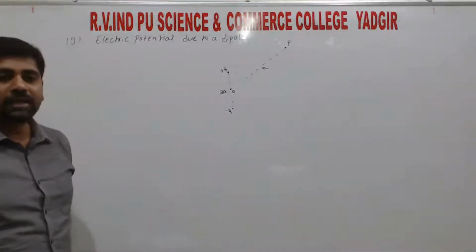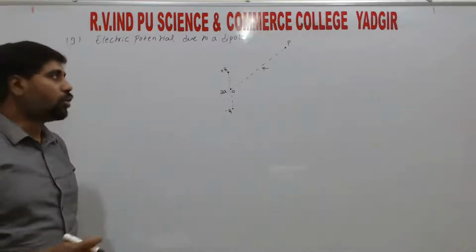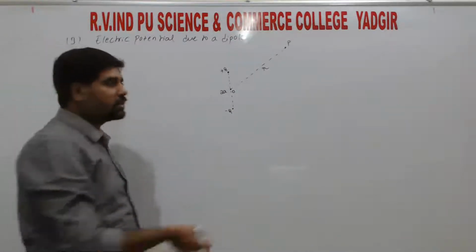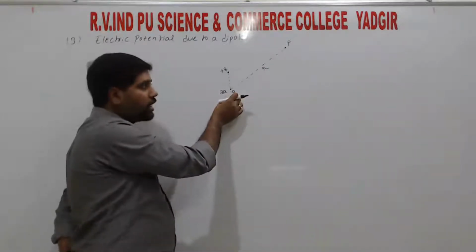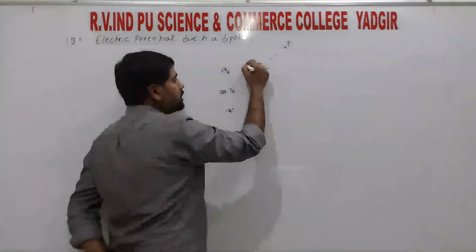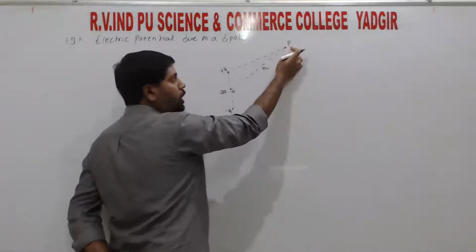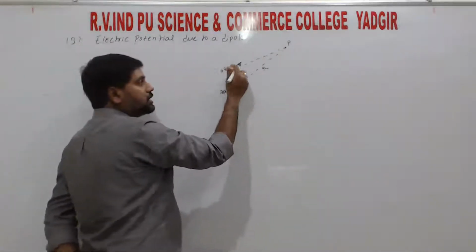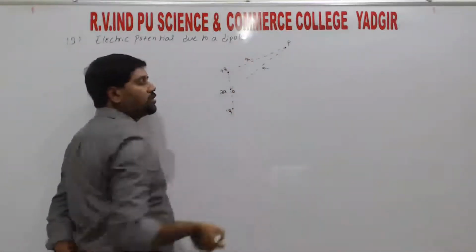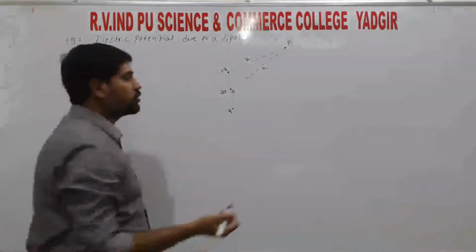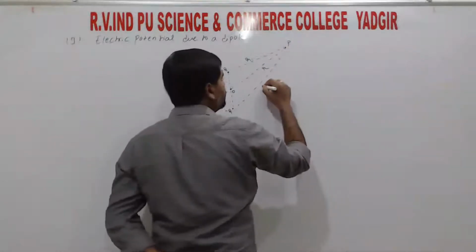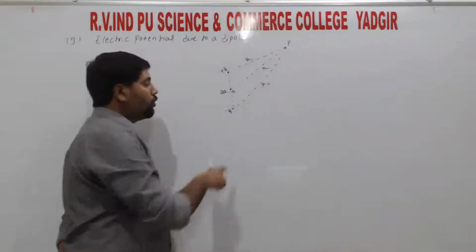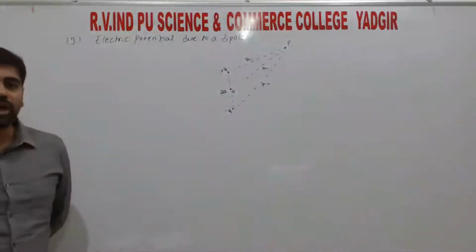Here we take the distance of point P from the plus q charge as r1, and similarly the distance of point P from the minus q charge as r2, right?